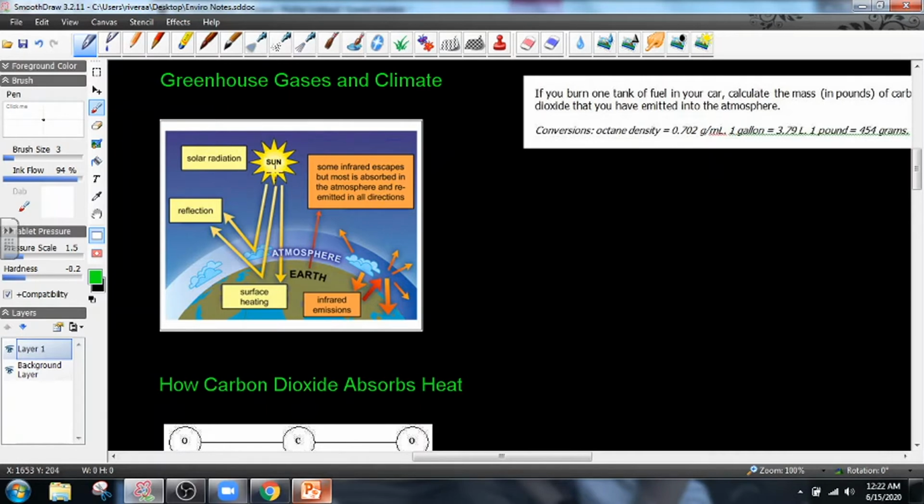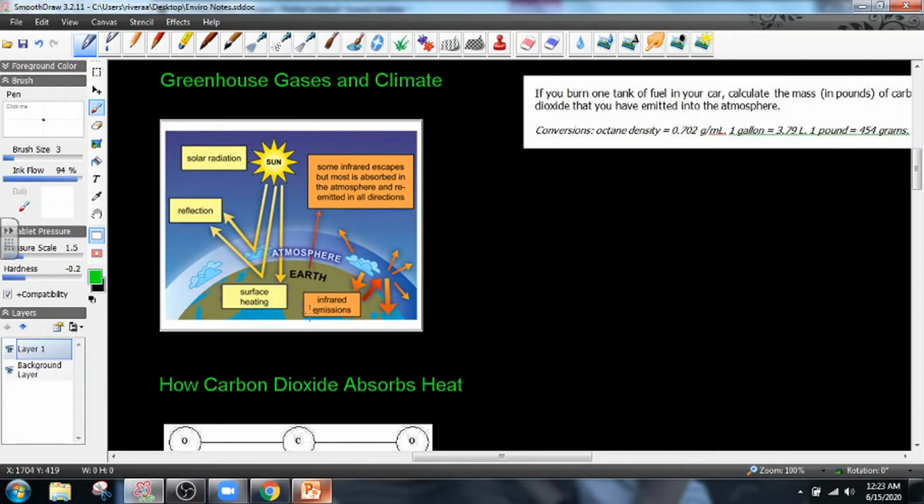This solar radiation makes it into the atmosphere. Some of it gets bounced back by reflection, either off of clouds and some gases in the atmosphere, as well as bouncing off the surface of the Earth. Some of this obviously gets absorbed into the Earth and keeps the surface of the Earth warm.